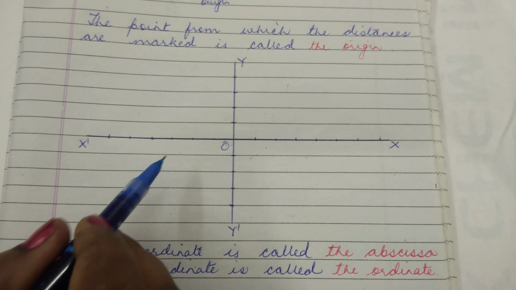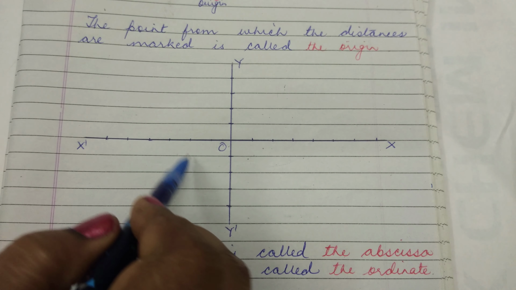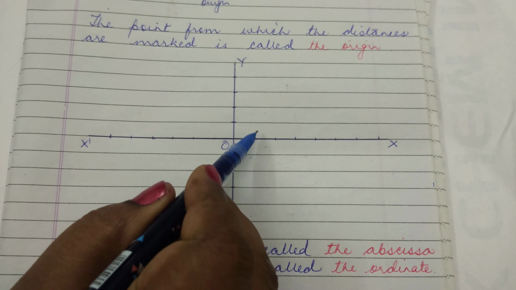So what do we see? That these axes divide the plane into four parts. These four parts are called the quadrants. What are these called? These are called quadrants.